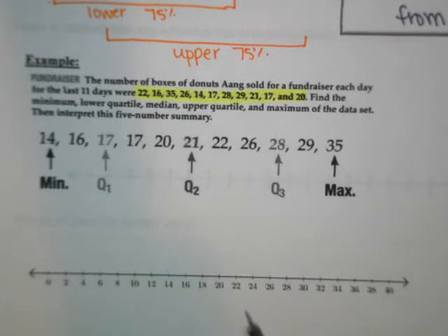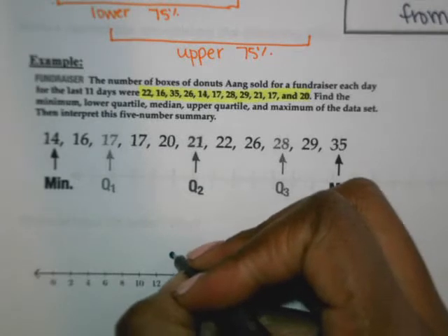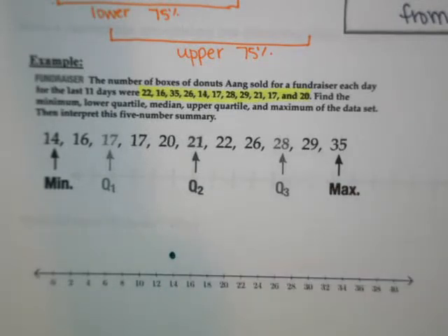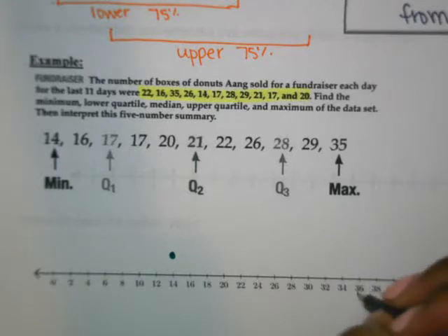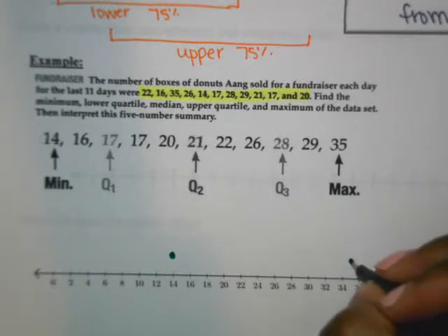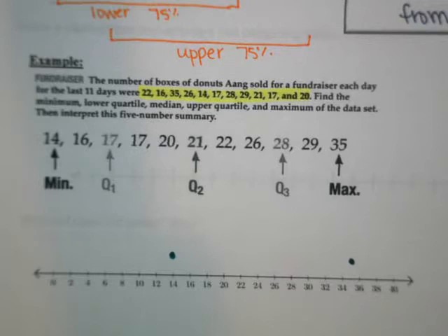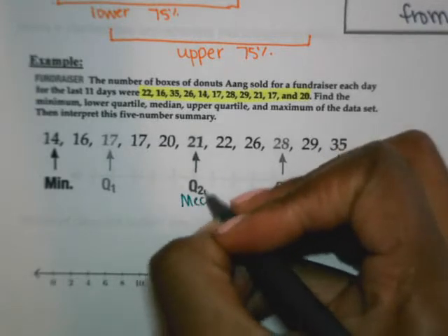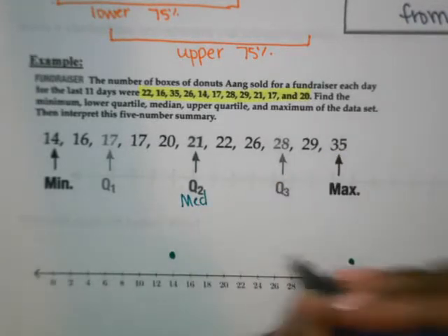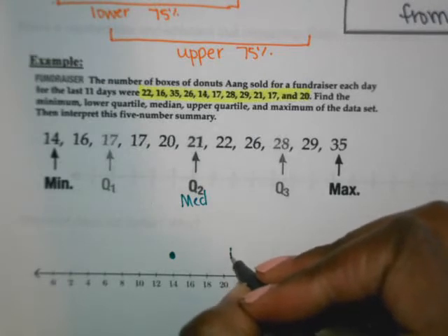So I'm going to put dots on my plot down here. My minimum is 14. I put a dot there. My max is 35, so I'm going to go between 34 and 36 and put a dot. We know that the second quartile is also known as your median. So 21, and I like to do dotted lines there.